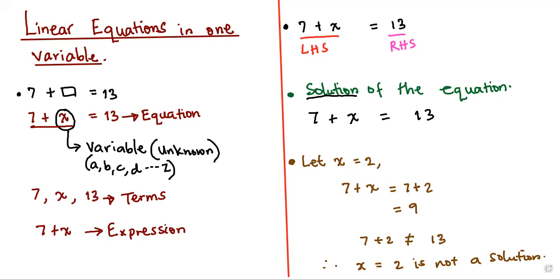But now let's say that x equals 6. If x is equal to 6, then 7 plus x, which is 6, 7 plus 6, I will get 13.